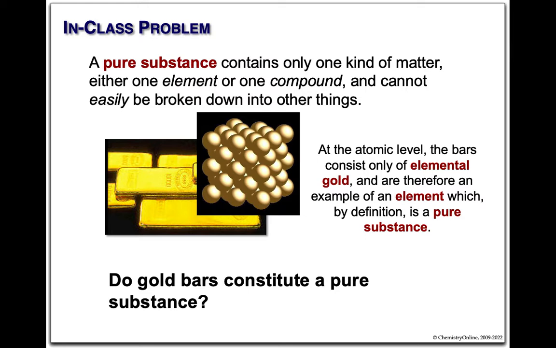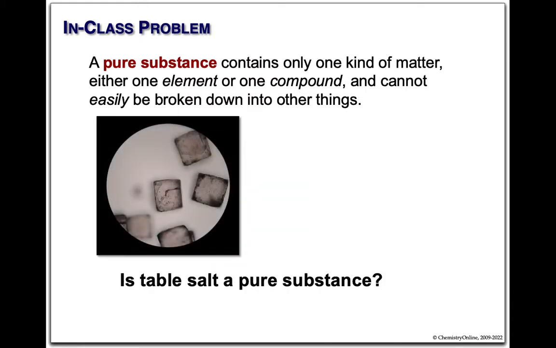If you put table salt under a microscope, this is what you see. These are little cubes, kind of cute. They all look different, don't they? But is this a pure substance or not?